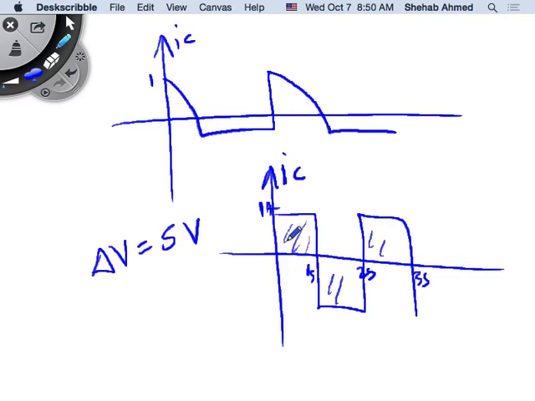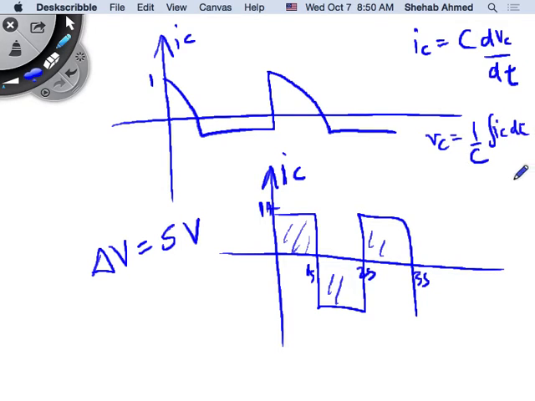So my argument now is if I give you a capacitor current waveform like this, or like this, and I tell you I want to maintain delta V within a certain spec, or I give you C and tell you what the delta V is, you should be able to do it from the equation of the capacitor. So IC is equal to C dVc by dt, right? VC is equal to 1 over C integration of IC dt, right?